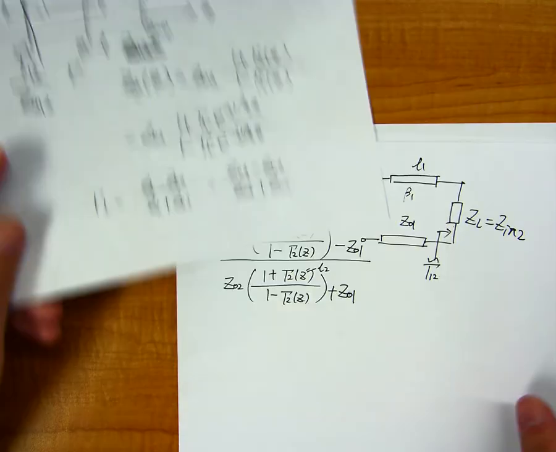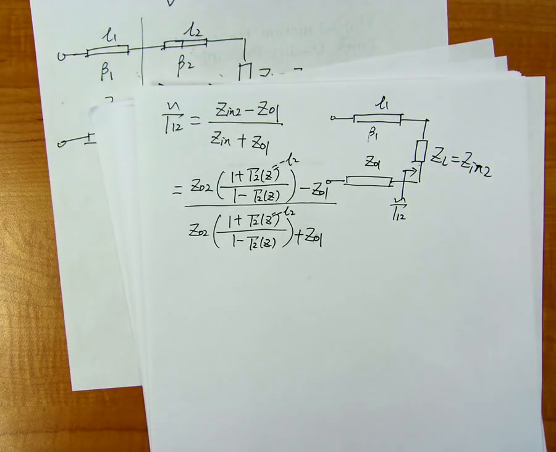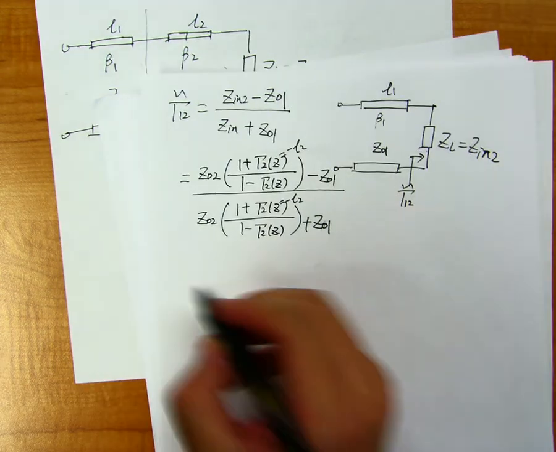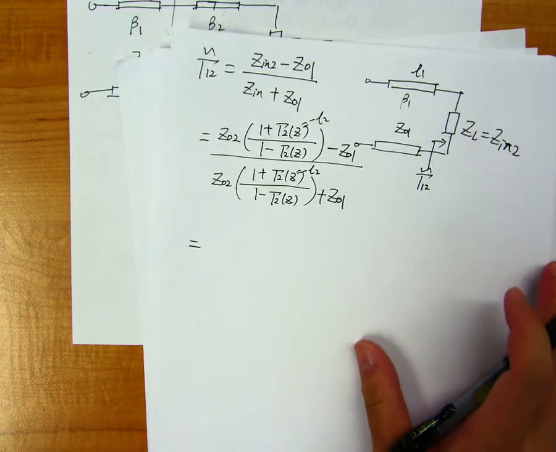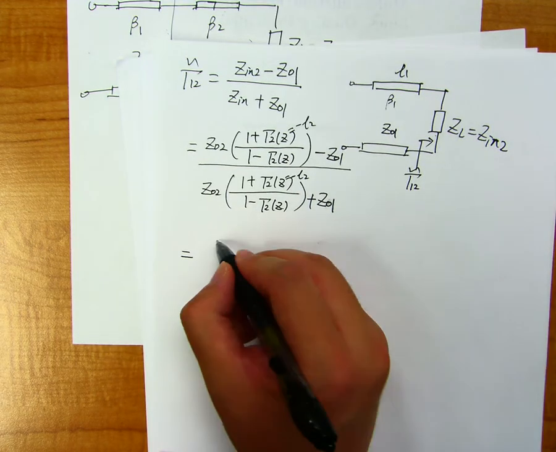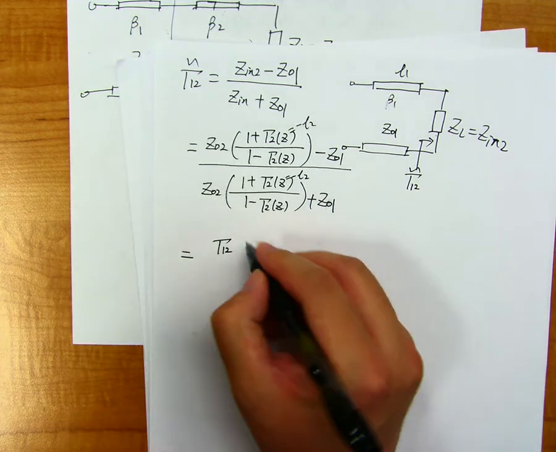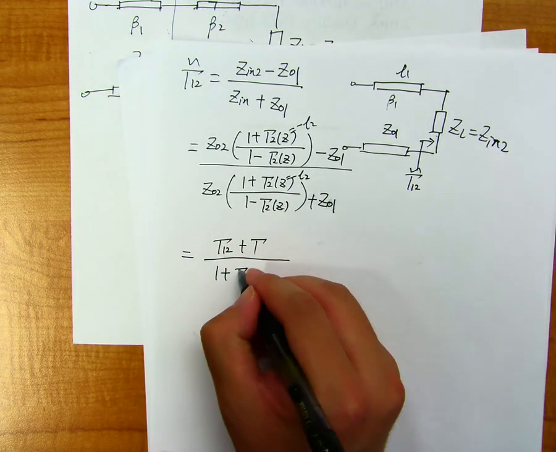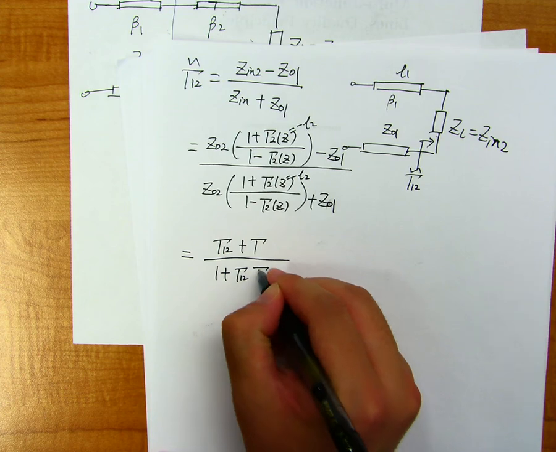Well, if you do some algebra and rearrange those terms, we have gamma_12 tilde equals (gamma_12 plus gamma) divided by (1 plus gamma_12 times gamma).